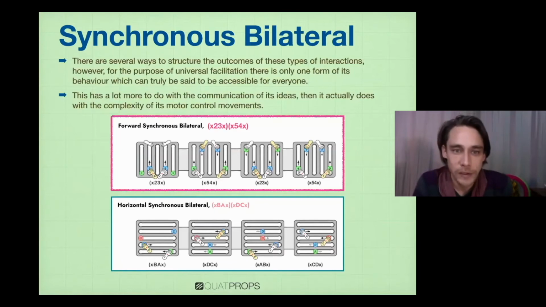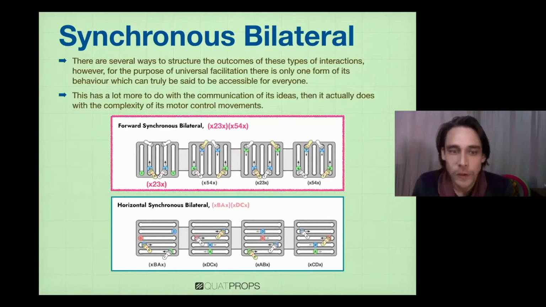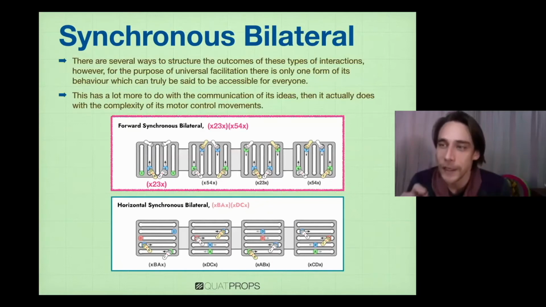So if we get into this notation here, you can see in the first example, it's X23X followed by X54X. So in the first one here, you have X23X, and the order of the numbers now is letting me know which hand is on top. So because the 2 comes first, that's the hand that is on top. So you see here, the 2 is in the top position and it's highlighted yellow.